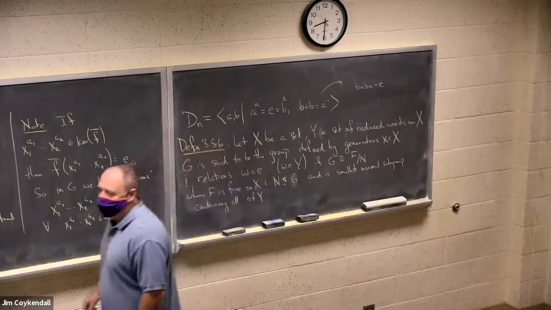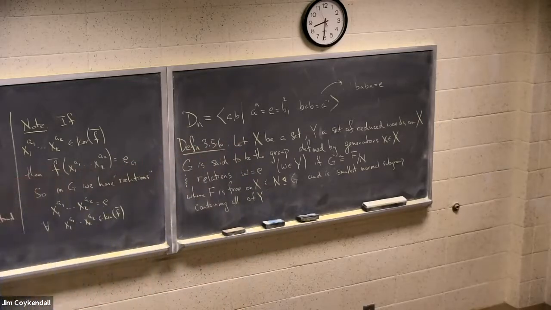So N is the smallest normal subgroup of G that contains all the words in Y.